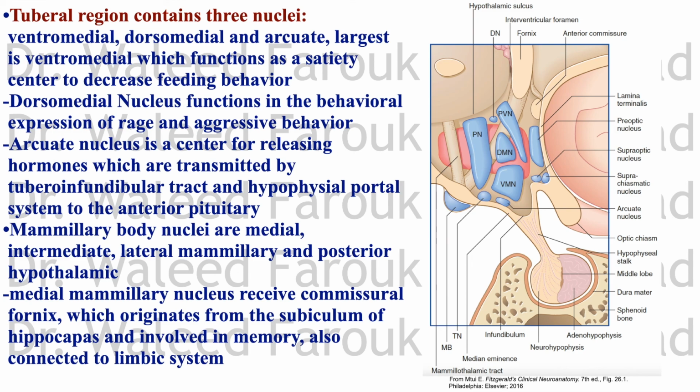The fornix is a type of commissural fibers coming from the hippocampal formation in the temporal lobe in the inferior horn of the lateral ventricle. And it precisely originates from a region called the subiculum of the hippocampal formation, and involved in memory, as we will study in the limbic system. It's also connected to the limbic system.